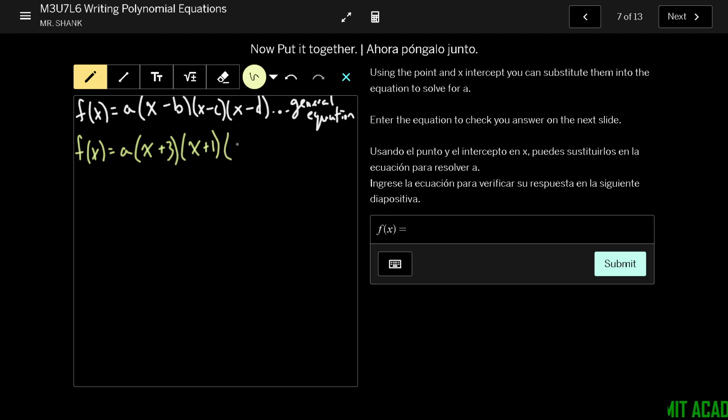And if we have +2 as our x-intercept, we have x minus 2 in our equation. So I substitute the opposites of the x-intercepts.